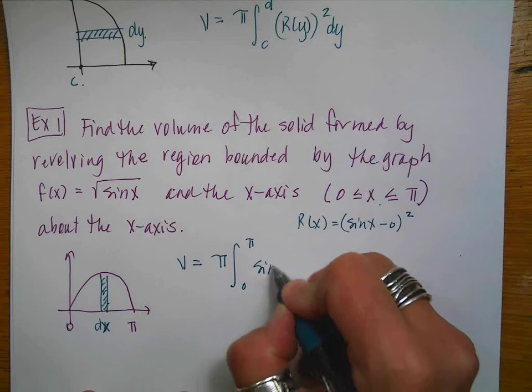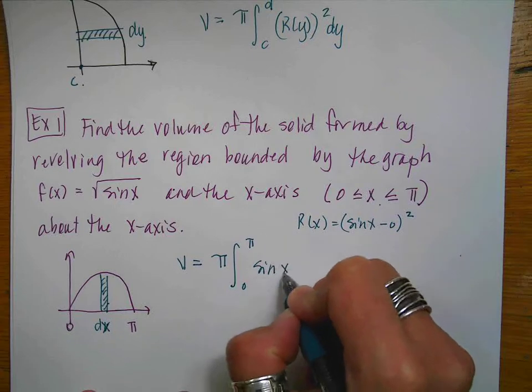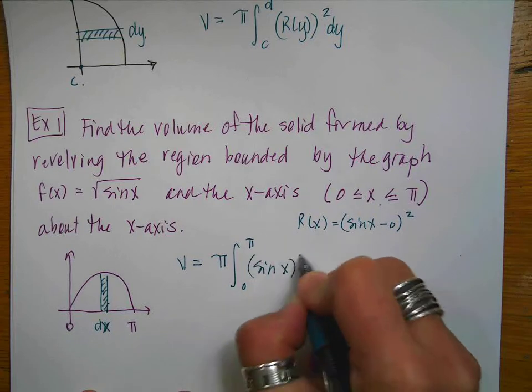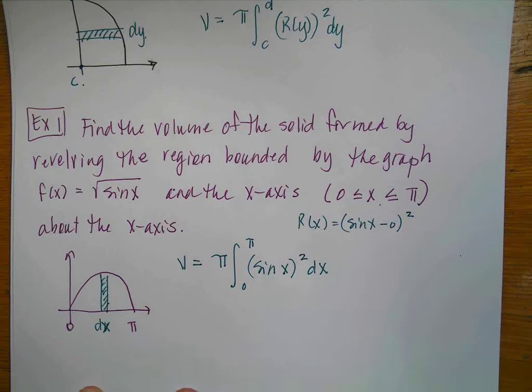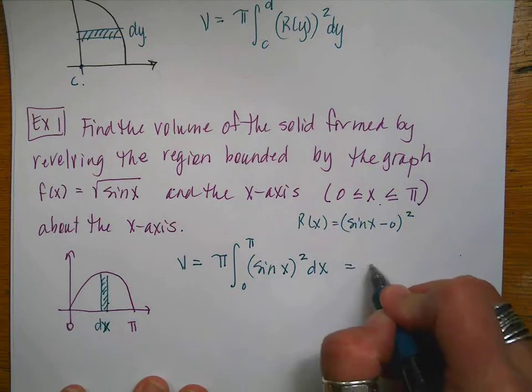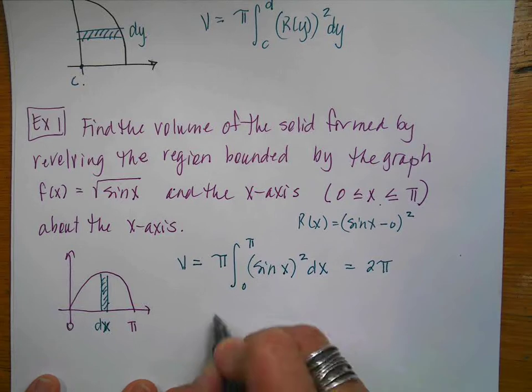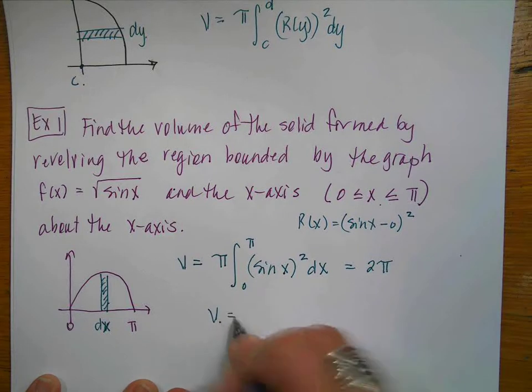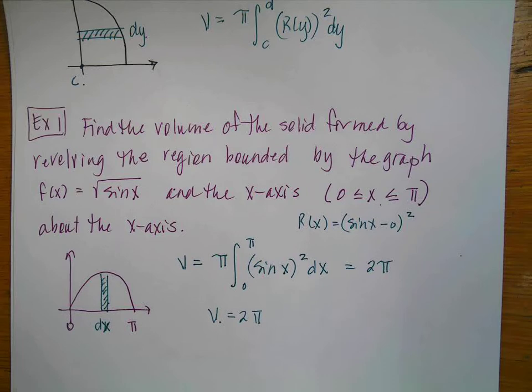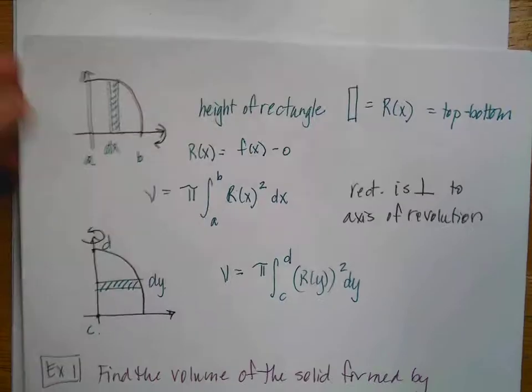But for right now, it's going to be the sine of x and then quantity squared dx, okay? And then if I do that math in my grapher, I'm going to get that my solution is 2 pi. So the volume from 0 to pi is going to equal 2 pi.